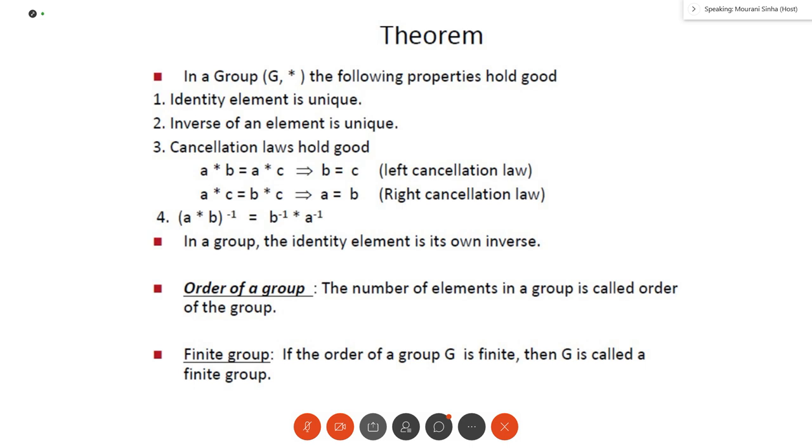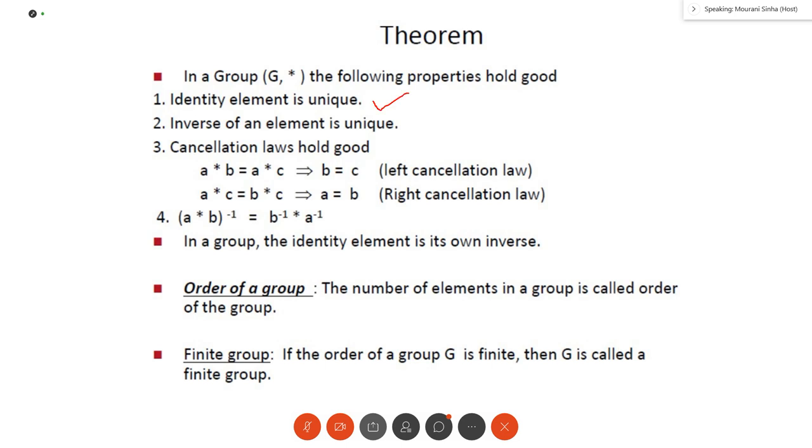You should know these so that when I solve numerical problems, as we did examples in the last class also, you can apply them. So the identity element is unique. Identity can be 1, can be 0. Suppose the identity contains a and a has different values, then, as we solved in the question last class, it is not unique. So you only need this idea to apply in the question just now.